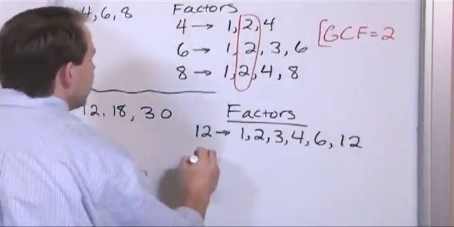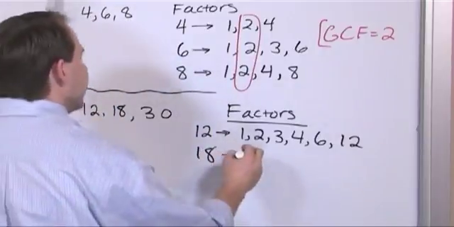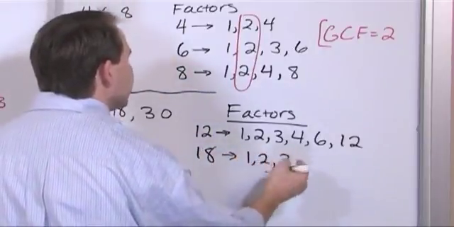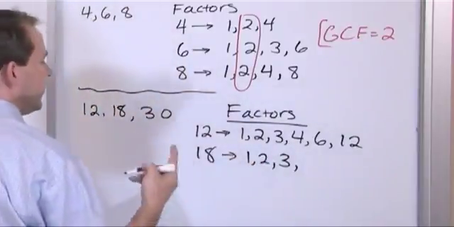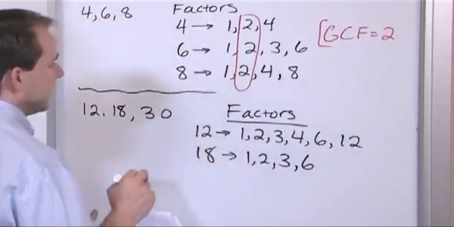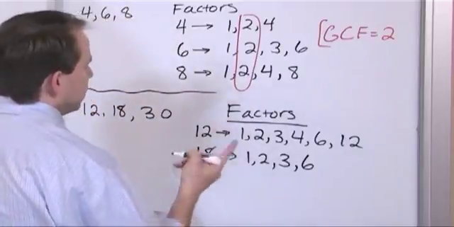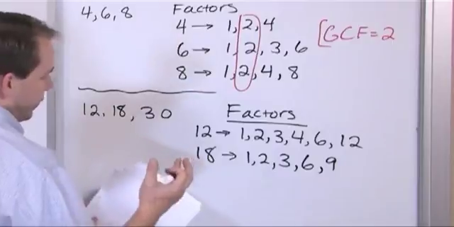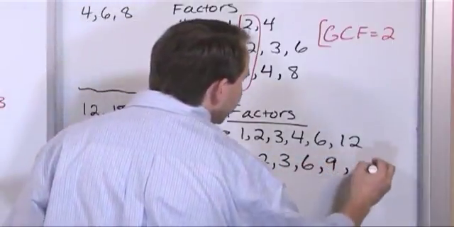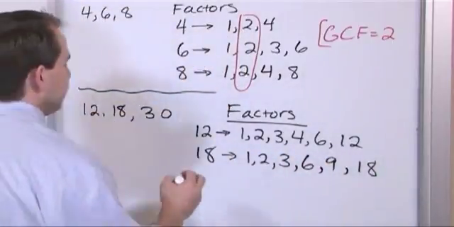So those are the factors there for 18. 1 can, 2 can, 3 can because 3 times 6 is 18, 4 cannot, 5 cannot, 6 can, 6 times 3 is 18, so you can go in that list. 7, 8, 9 can because 9 times 2 is 18. 10, 11, 12, 13, 14, 15, and so on. So the only other one left is 18 because 18 times 1 is 18.